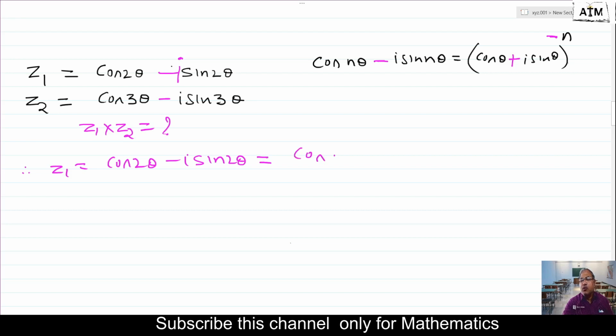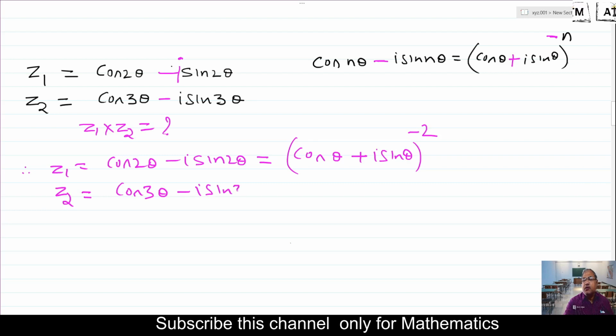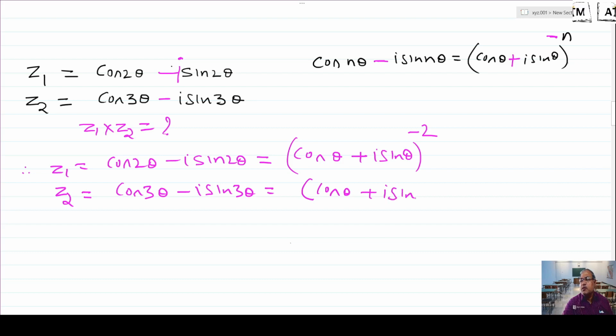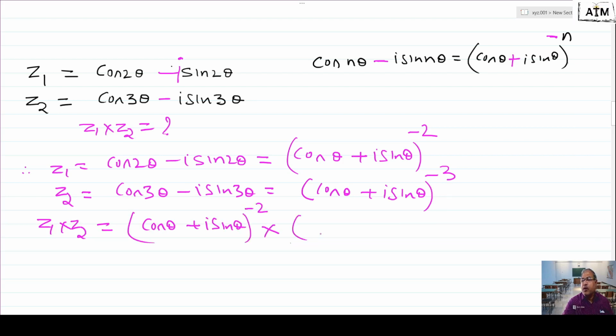Therefore z1 equals cos 2 theta minus i sin 2 theta. This can be written as (cos theta + i sin theta) raised to minus 2, and z2 equals cos 3 theta minus i sin 3 theta equals (cos theta + i sin theta) raised to minus 3. z1 into z2 equals (cos theta + i sin theta) raised to minus 2 multiplied by (cos theta + i sin theta) raised to minus 3.